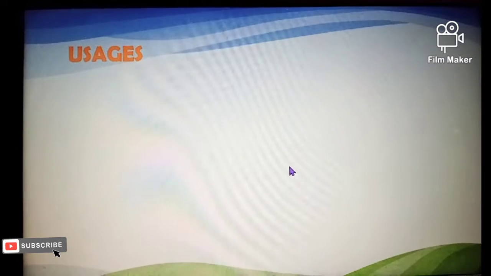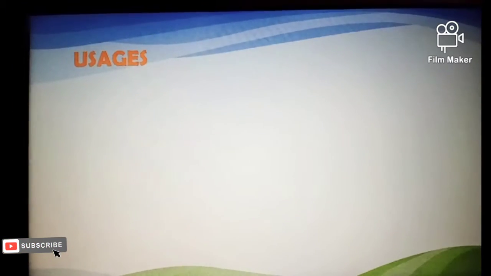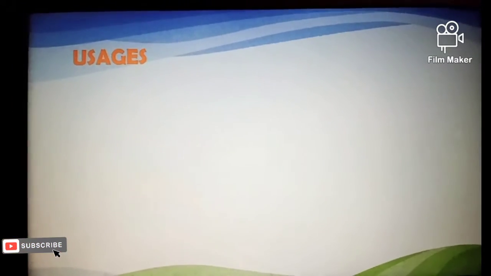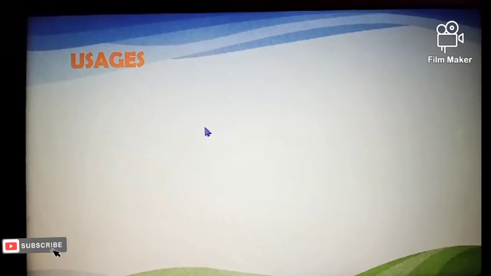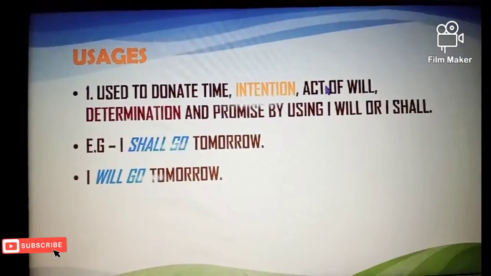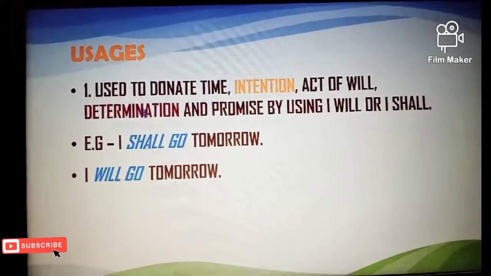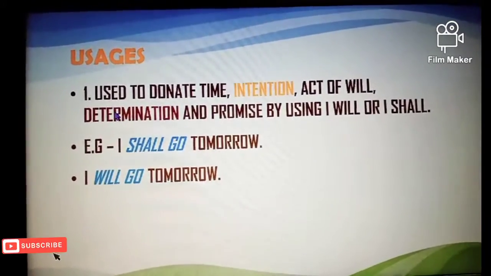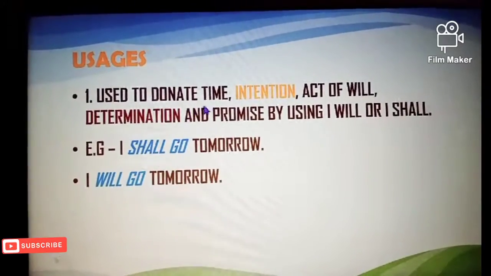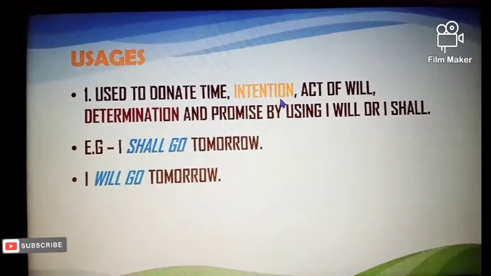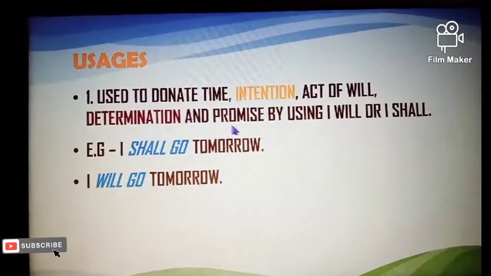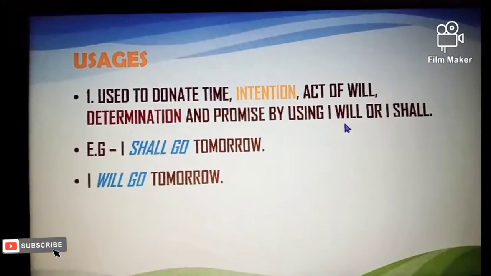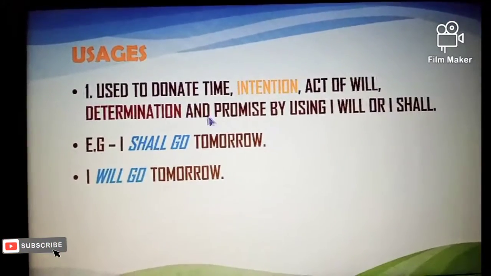Usages. Where can we use simple future tense, in what context? Here are some of the common usages of simple future tense. First, it is used to denote time, intention, act of will, determination, and promise by using I will or I shall.